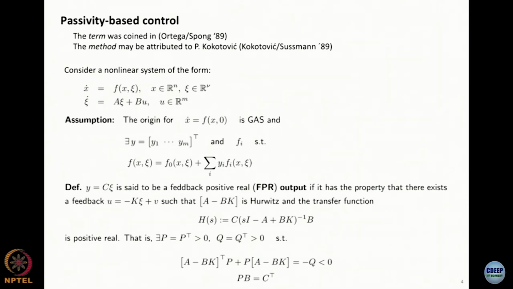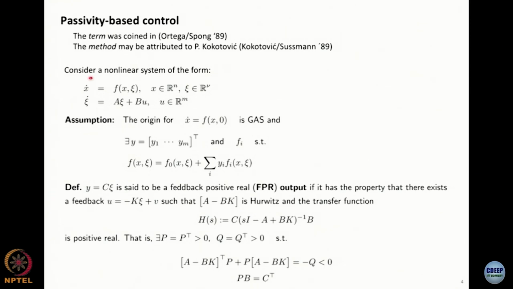Kokotovic came up with this method of passivity-based control, and Romeo and Spong, more or less at the same time, wrote a paper that has been cited a lot on adaptive control of robot manipulators, and they coined the term passivity-based control. In this paper, it's called feedback passivation or something like that.